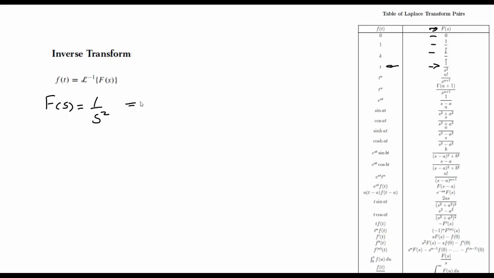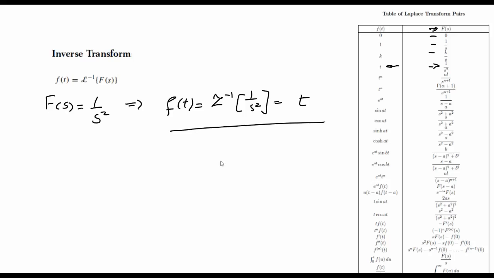So this implies that f of t is equal to L inverse of 1 over s squared, which is equal to t. It's as simple as that.